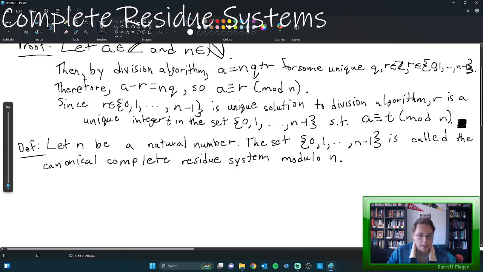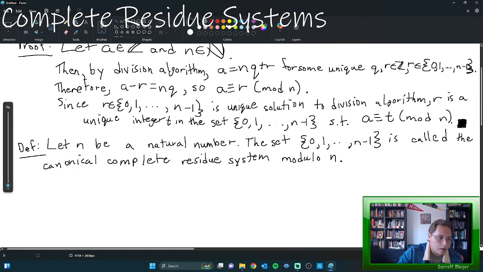Now, one thing to note about this: we have this canonical complete residue system modulo n, where every number in the natural number line is congruent to one of these numbers, guaranteed, for modulo n. But this isn't the only example of a collection of integers that represent all integers modulo n.